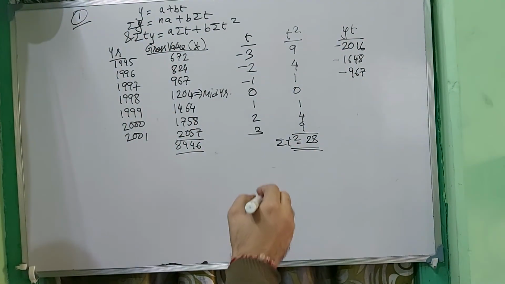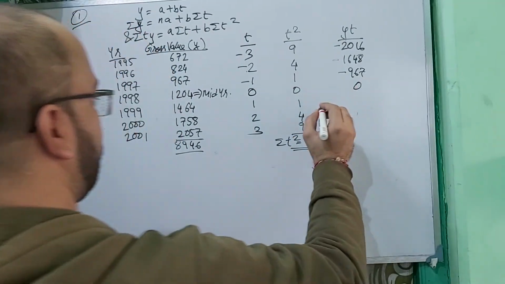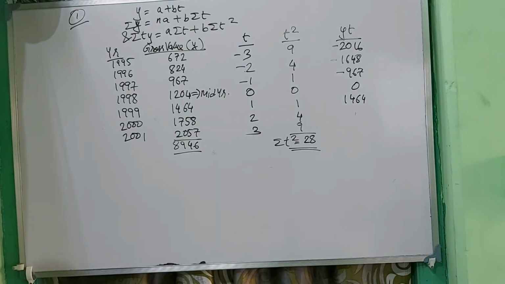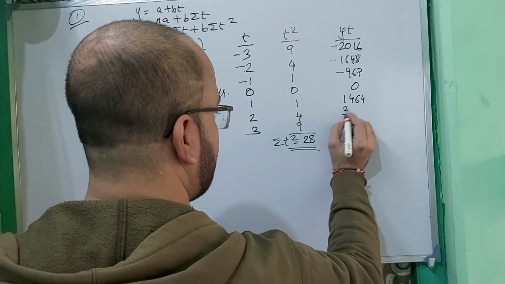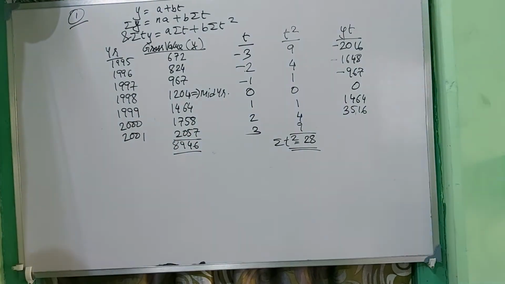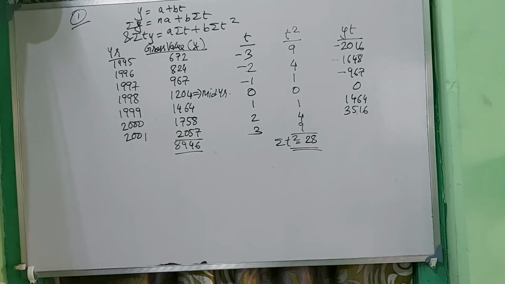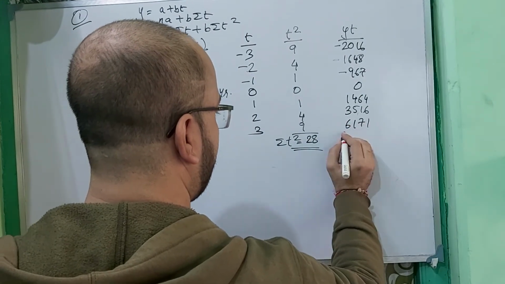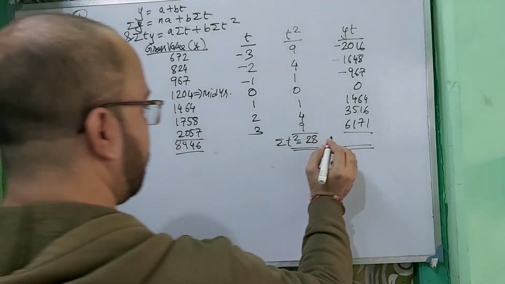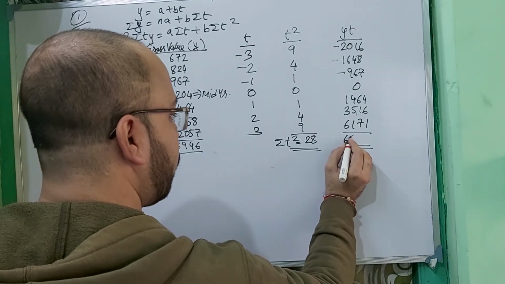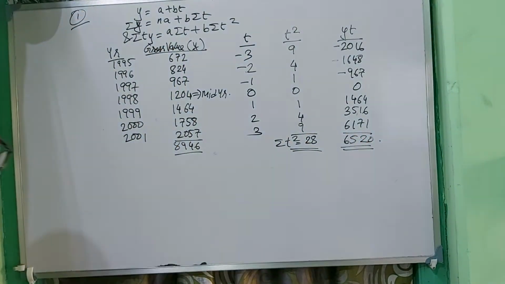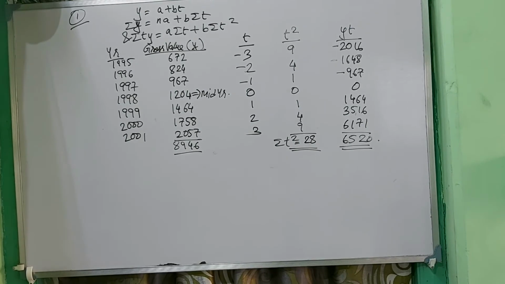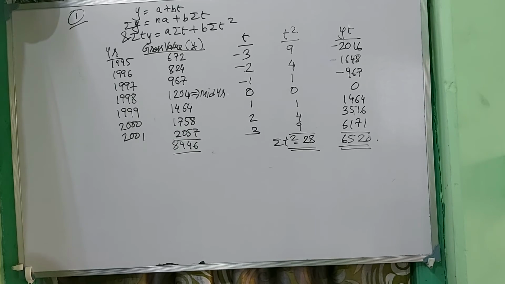Same way it will be 0, then 1464, then 1758 into 2, which means 3516, and 2057 into 3, which is 6171. So if we add it, it is coming 6520.